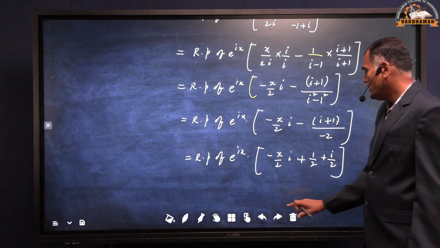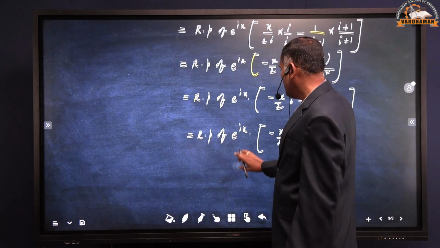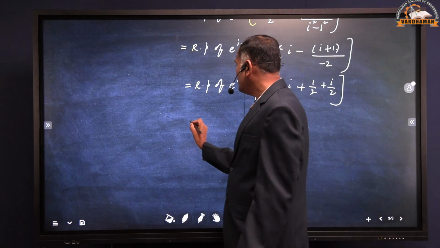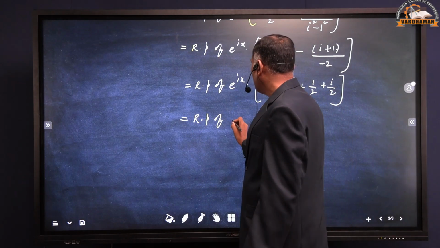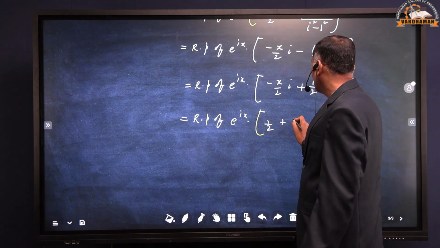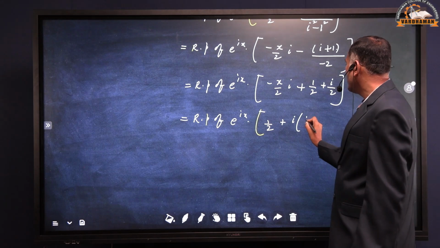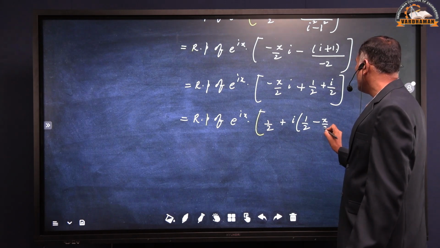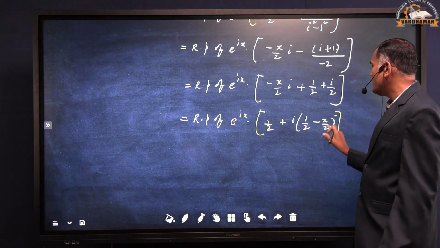Now write down real and imaginary parts separately. This can be written as real part of e^(ix) into 1 by 2 plus i, taking i outside, 1 by 2 minus x by 2. Now this is the real part, this is the imaginary part.